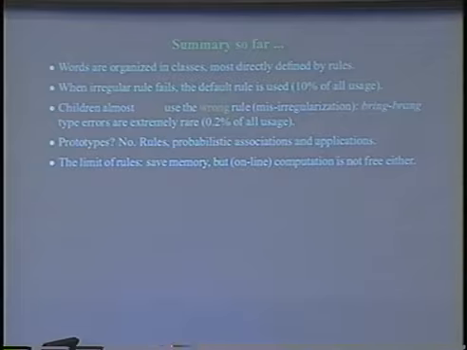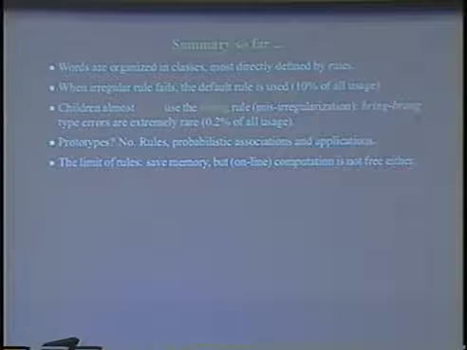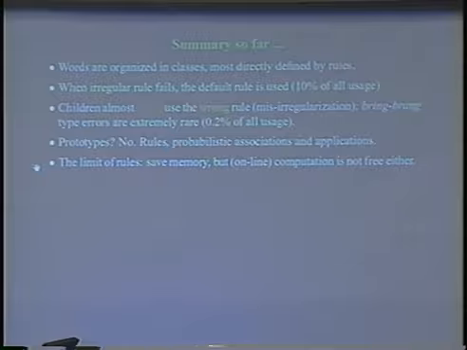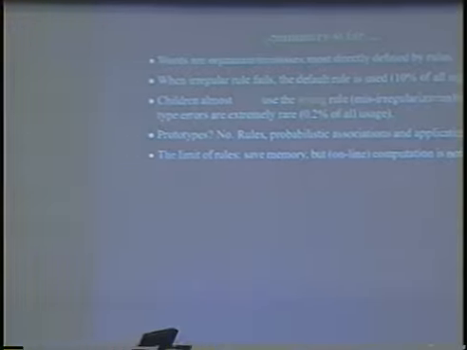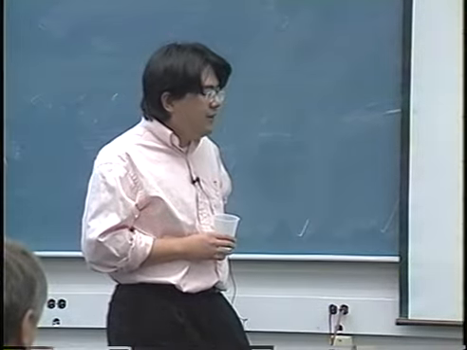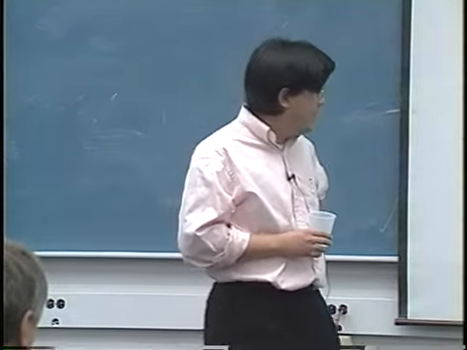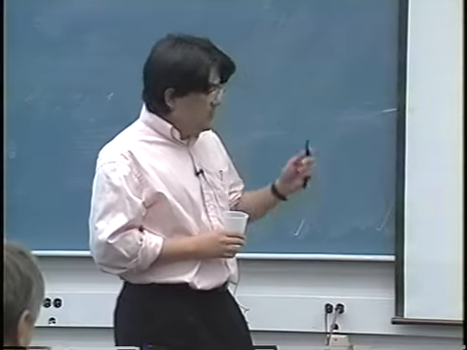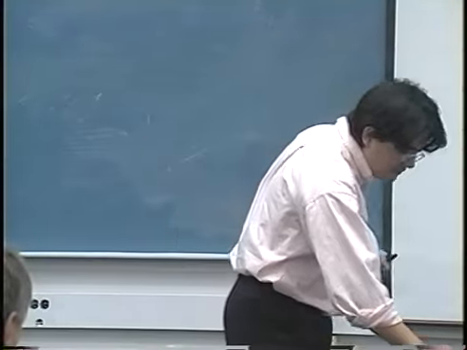So there's got to be a balance, because rules and computation aren't free either. That's why I'm a little skeptical about some work in phonology that tries to compress all the irregular verbs with two rules. I haven't seen psychological evidence showing that's the case, but there could be. I don't know.